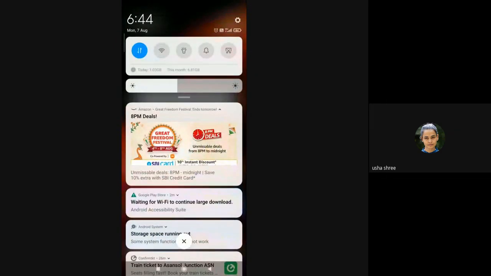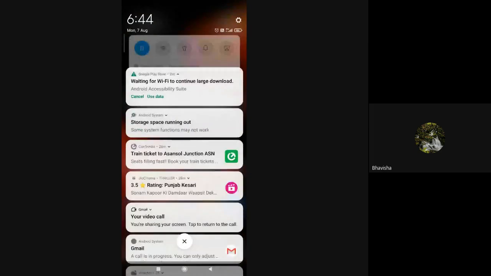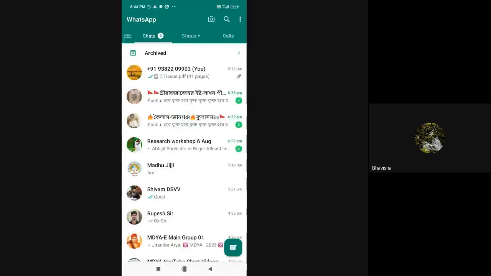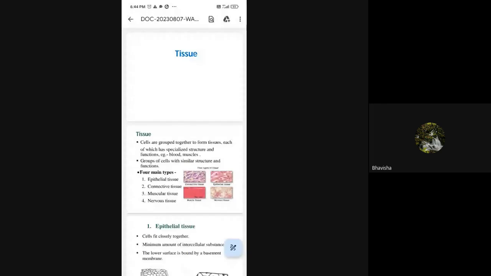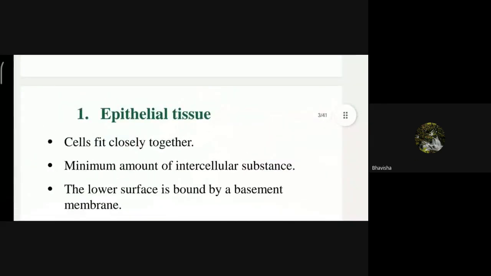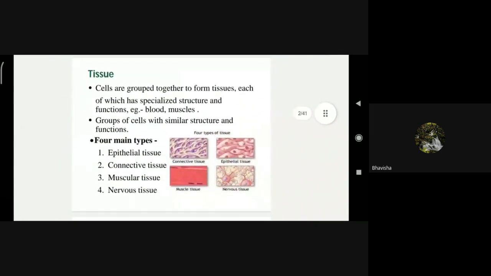Have you guys studied about the tissue? Ma'am, please can you show me the first 2-3 slides? I missed it, ma'am. Yes, ma'am. Okay. This is the first slide. Here we have discussed what tissue is and types of tissue, main types of tissue.